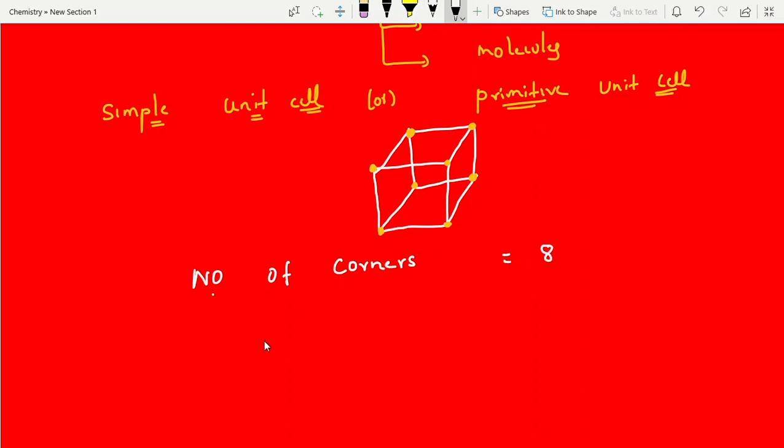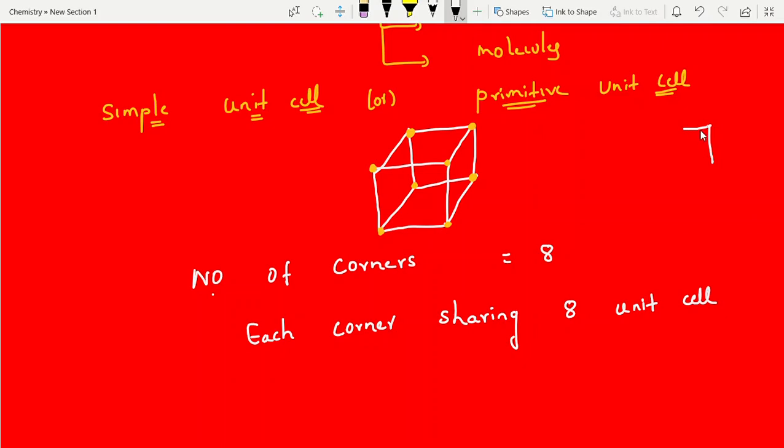Another point: each corner is shared by 8 unit cells. If you look at this, imagine the corner point of a room: a vertical line, a horizontal line, a vertical line, front view, back view, three-dimensional space, top and bottom, and the same with the upper one.